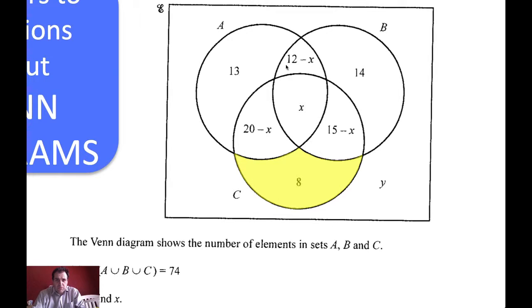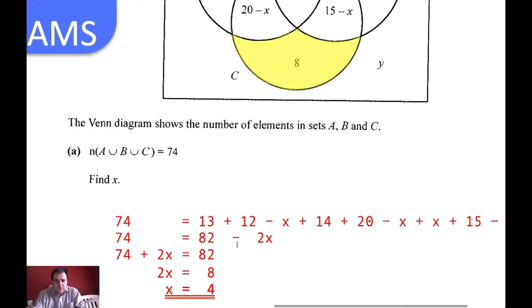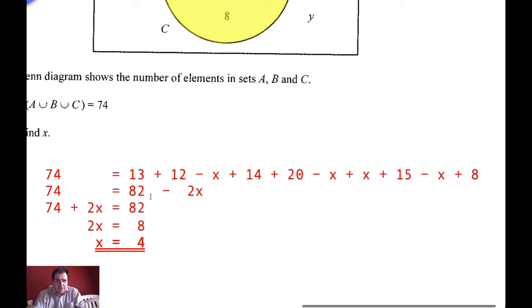So if you add up all of these bits, 13, 12 minus x, 14, 20 minus x, x, 15 minus x, and 8, they should add up to 74. So that's just a question of algebra. 74 equals all those bits added up. Simplify the algebra, and you get x equals 4. You can pause the screen if you want the details of that.